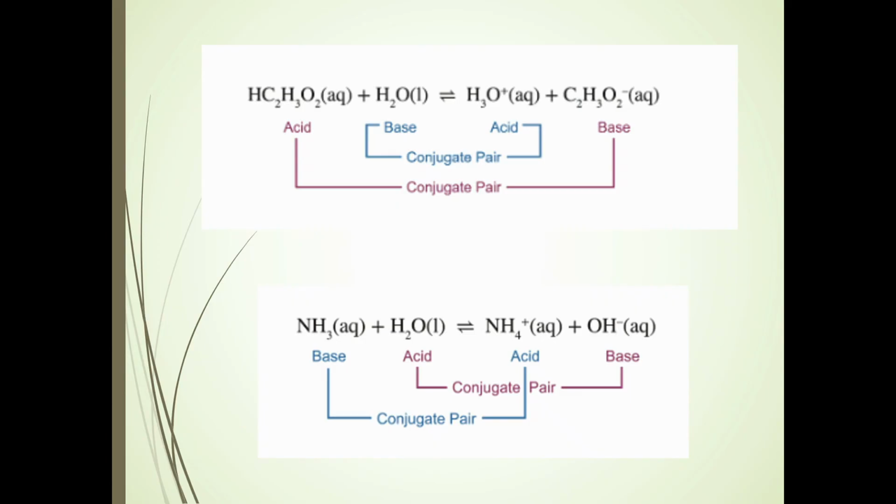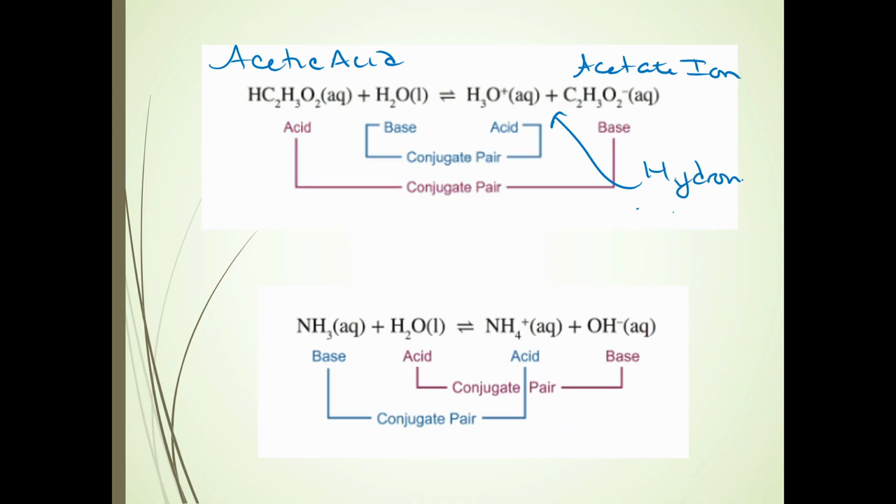So here's my acetic acid with water acting as a base. Water goes to the acid, H3O+, and acetic acid goes to the base, the acetate ion. So this is acetic acid. This is the acetate ion. And I have water and the hydronium ion.